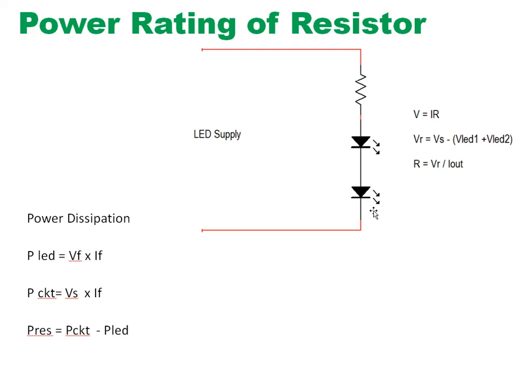Now we are going to find out the power dissipation across the LED and across the resistance. Power dissipation across the LED, how can we find it? It will be in the LED data sheets also, as well as we can calculate it from the forward voltage drop. Is it 2.2? Okay, VF into IF: forward voltage drop multiplied by forward current.